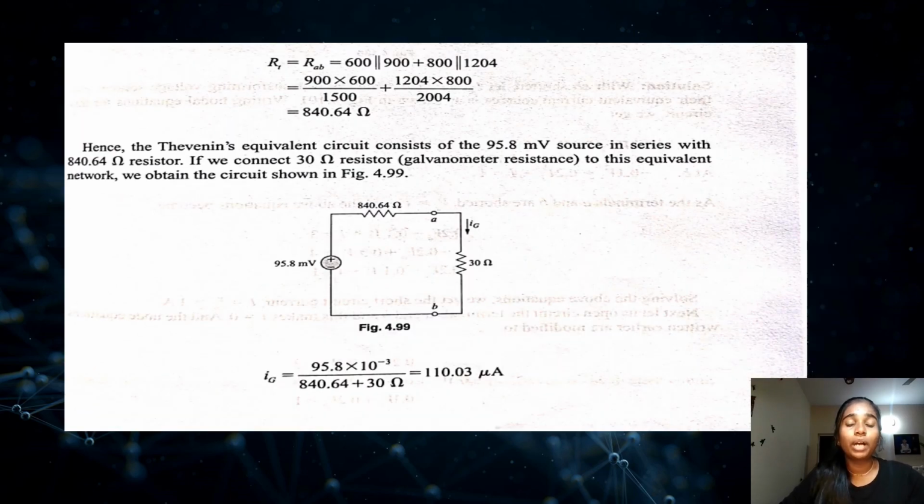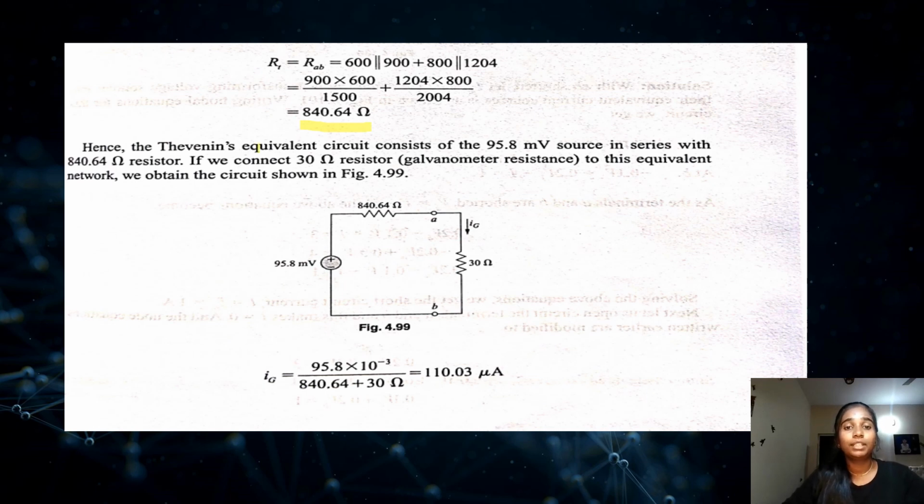RT will be equal to RAB, that is 600 parallel to 900 ohms plus 800 parallel to 1204 ohms. Now we get 900 into 600 divided by 1500, plus 1204 into 800 divided by 2004, which on calculating gives 840.64 ohms.